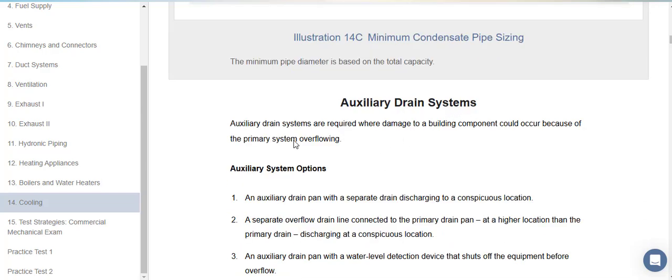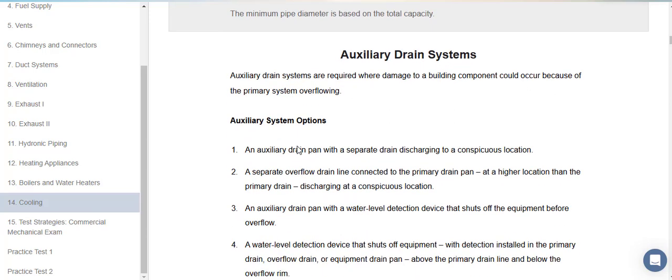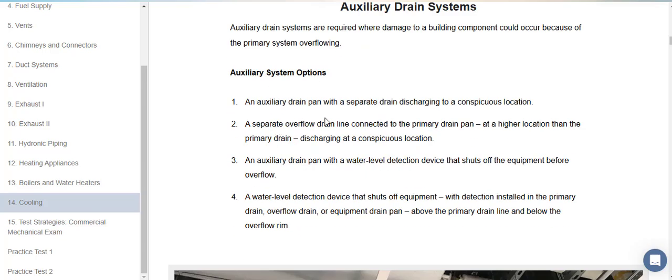Auxiliary drain systems. Auxiliary drain systems are required where damage to building components could occur because of primary system overflow. Auxiliary system options: 1. An auxiliary drain pan with a separate drain discharging to a conspicuous location. 2. A separate overflow drain line connected to the primary drain pan at a higher location than the primary drain, discharging at a conspicuous location. 3.